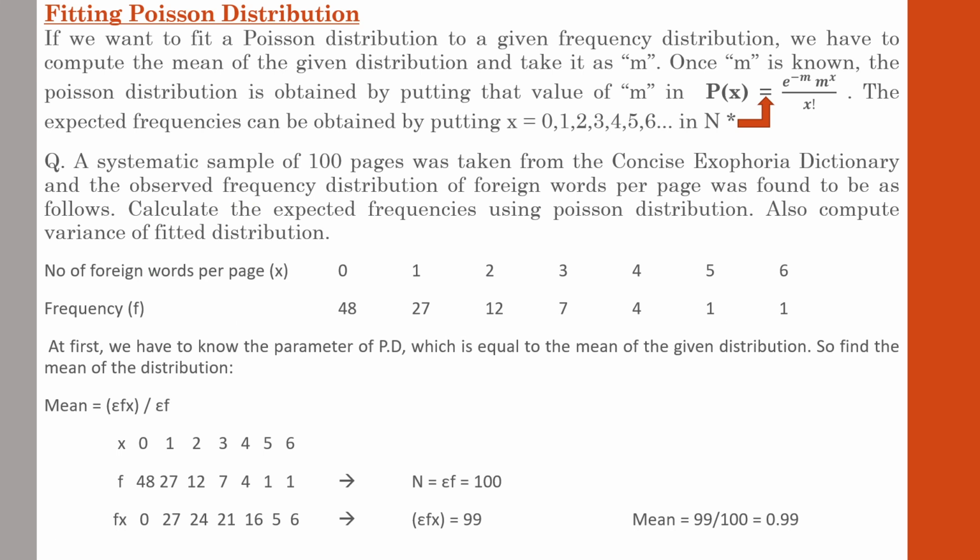Actual events that we observe are known as the observed frequency distribution, otherwise known as the actual distribution, and on the basis of these actual events you need to find the expected frequency. So let us go with the expected frequency situation.